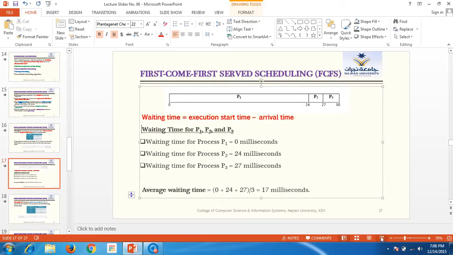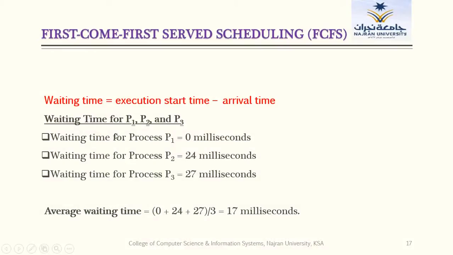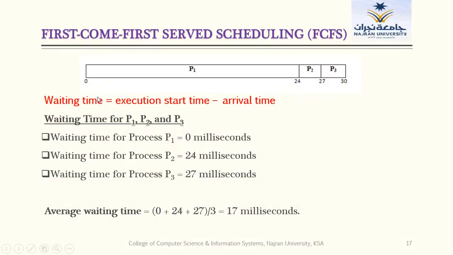Now, what will be the waiting time for process P1? If you see this Gantt chart, the execution start time for process P1 is 0. It means at time 0 the execution of P1 starts.